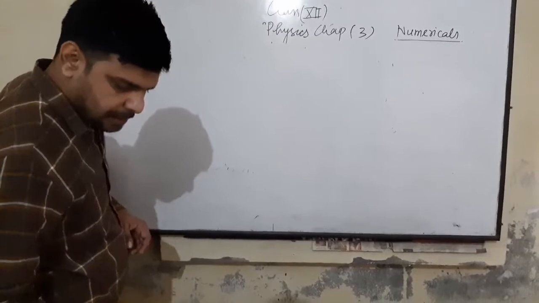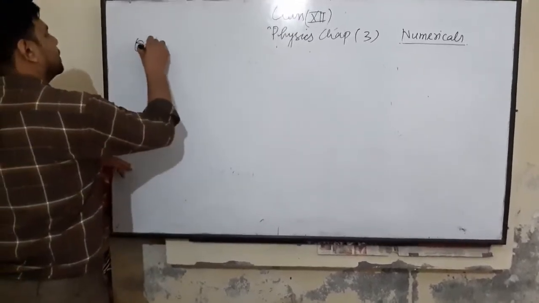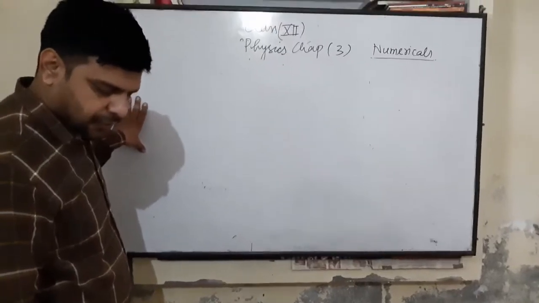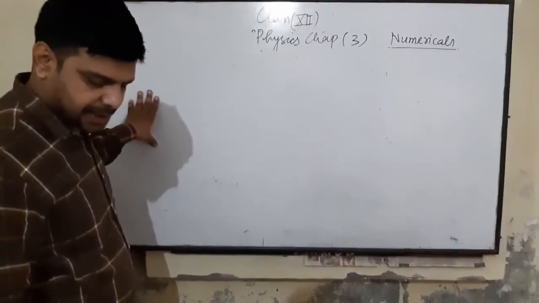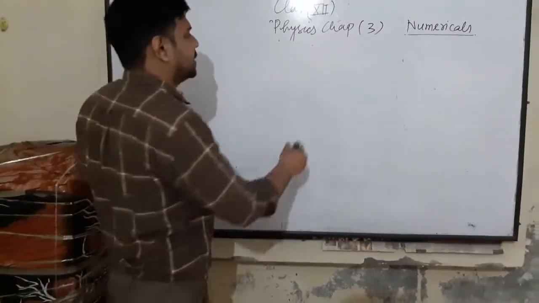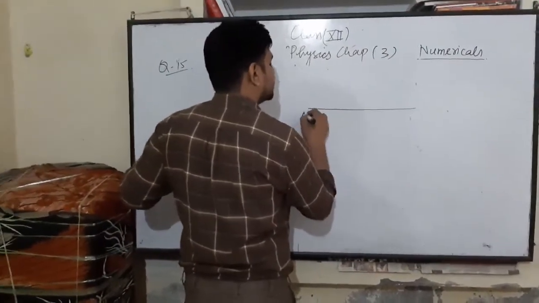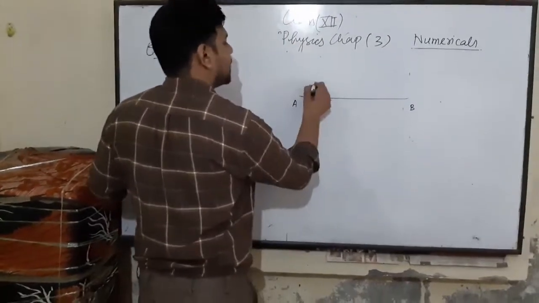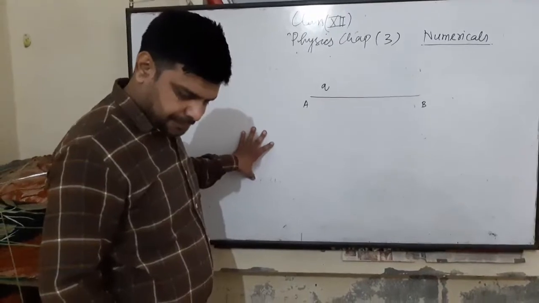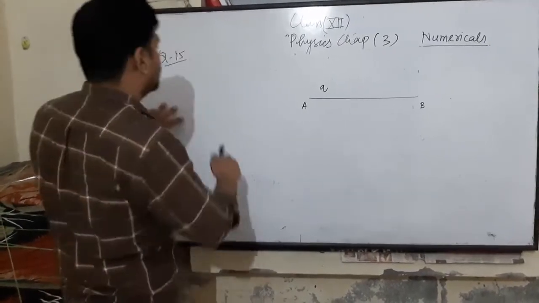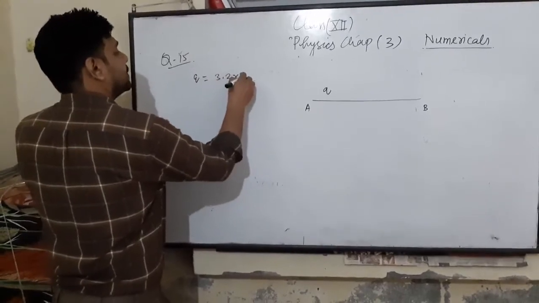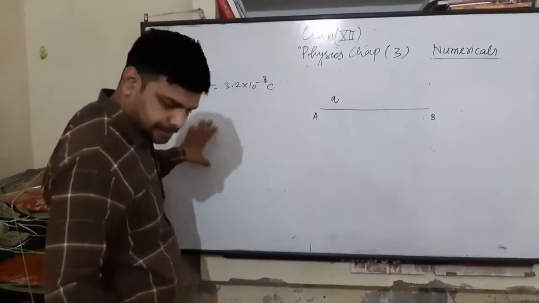Now question number 15. 3.24 into 10 to the power minus 4 joule of work is done taking a charge in a uniform electric field from one point to another. Consider there are 2 points A and B and we have a positive charge Q equal to 3.2 into 10 to the power minus 8 coulomb.